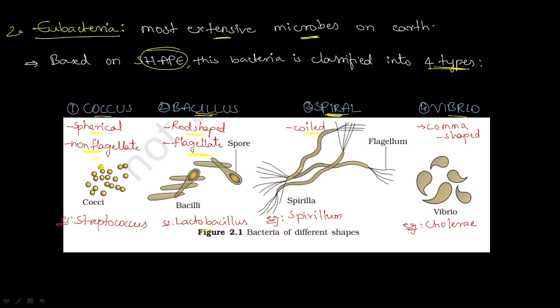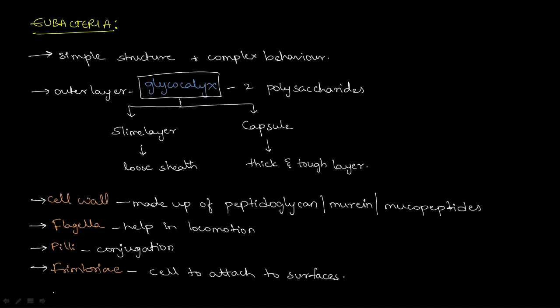As you can see in this picture, they have coiling. An example for coil-shaped bacteria is spirillum. Vibrio is a bacterium which has a comma shape, and the example is Vibrio cholerae, which causes cholera disease.